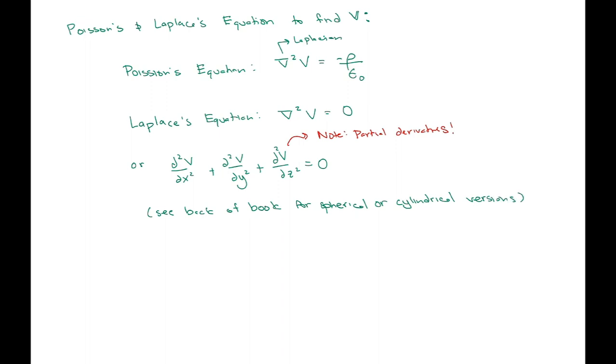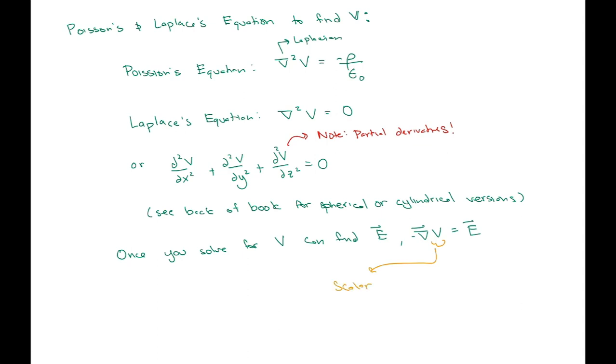Okay, and of course, once you solve for the potential, you can find E in the same way by taking the negative gradient, which is going to give you a vector from the potential. Okay, and it's worth noticing, since we're still learning, this is a scalar, right? The potential is a scalar.